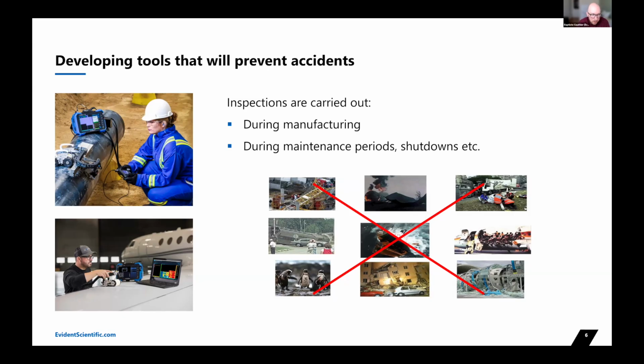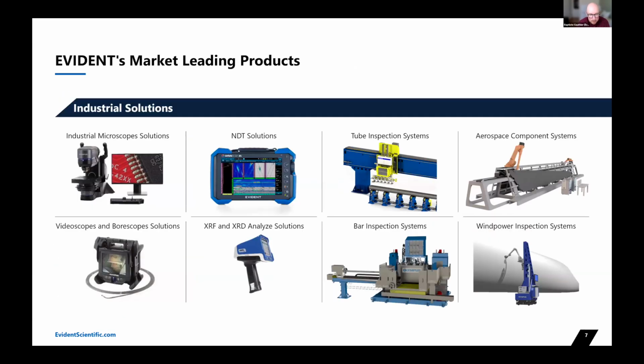Of course, we have a wide range of solutions, and again, this is not a sales pitch, just to give you more context about what we do. We have different systems. Some of them are very tailored to specific applications, such as wind power inspection systems. Some of them are more generic, such as the NDT solutions you see on the top, which are portable instruments that allow you to perform ultrasound on different structures.